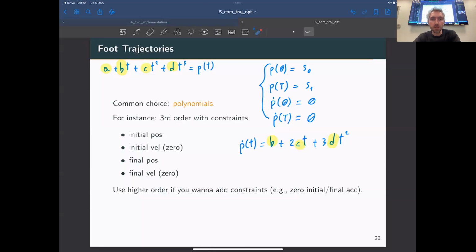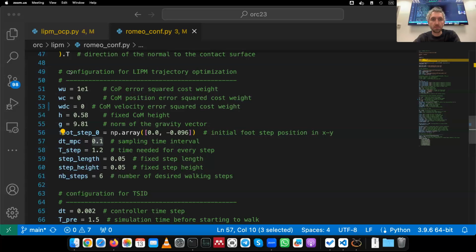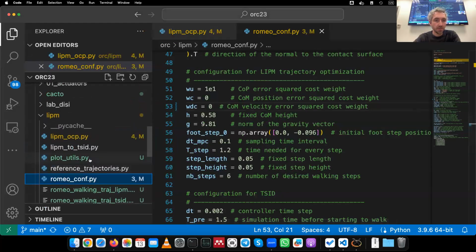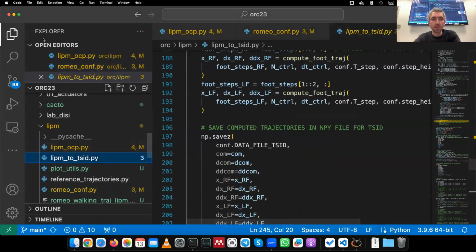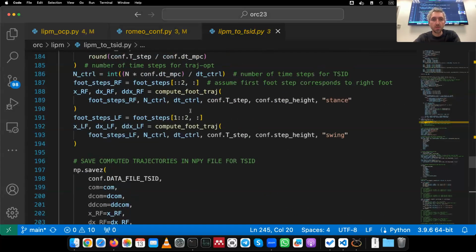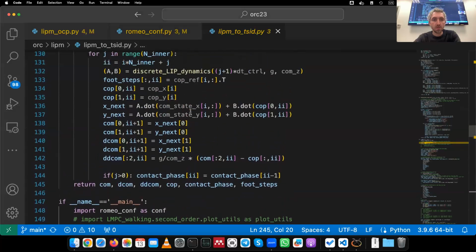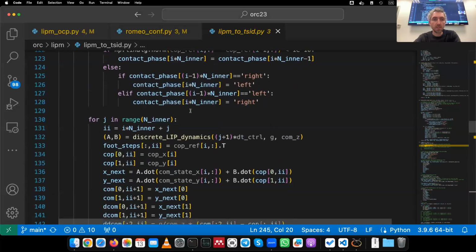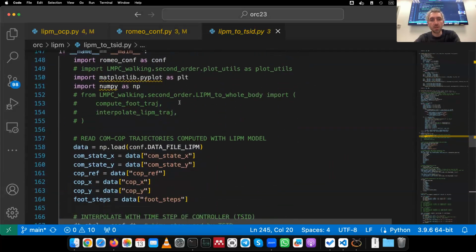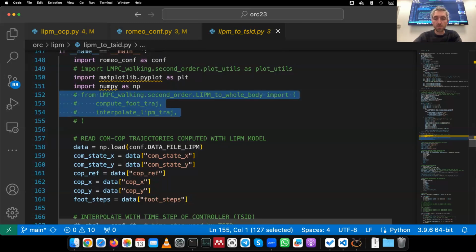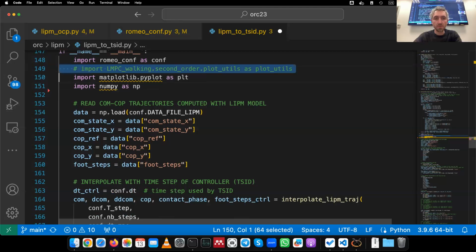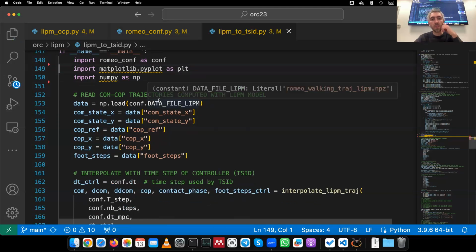Okay. So we can take a look at the code. So in the same folder, you can find LIPM to TSID. Let's start looking at the main. Here there's just commented stuff, which we can delete.